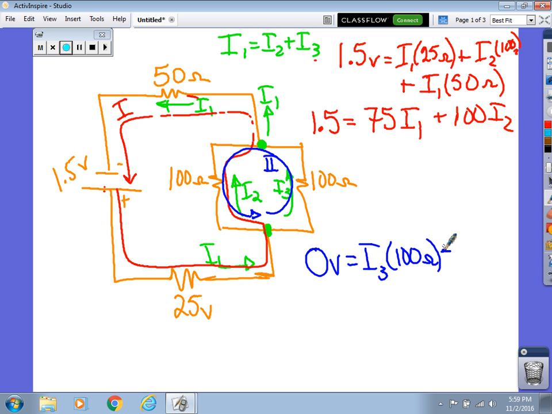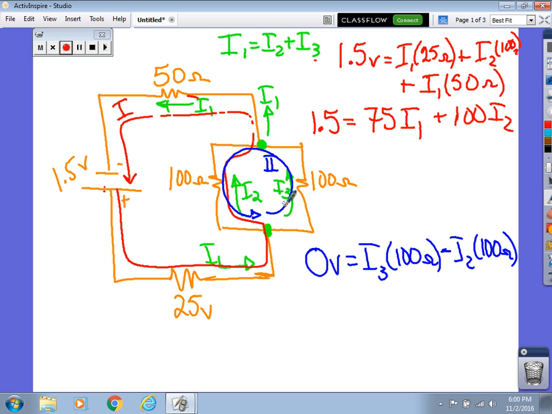So you would have negative I2 times 100 ohms. I come back around and I'm back to where I started. There's my other equation. And this one's a pretty nice one because if you look at it with nothing over here, that's pretty cool. And you also notice that I've got 100 I3 and I've got 100 I2.